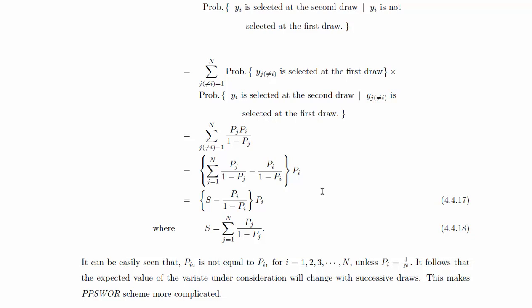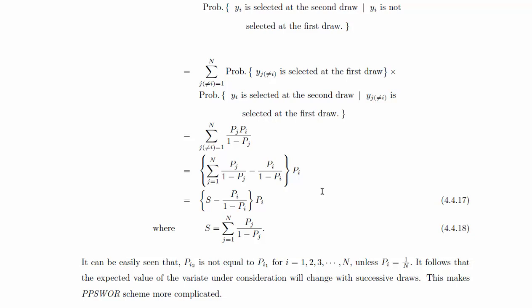So the probability of selecting the jth unit in the first draw is Pj, and this is the conditional probability of selecting the ith unit in the second draw, given that the jth unit is selected in the first draw.